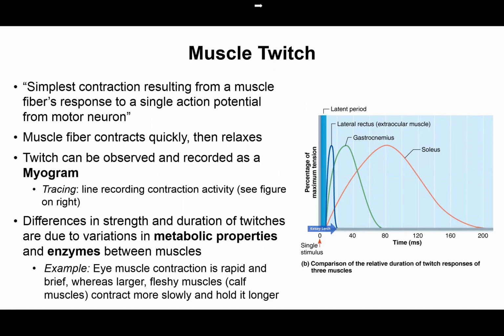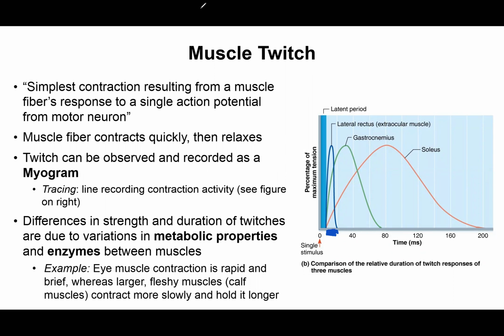Now, time is located down here on this x-axis. All right, so in terms of time, the eye muscle was pretty short. This is, again, just the result of one single action potential coming through.